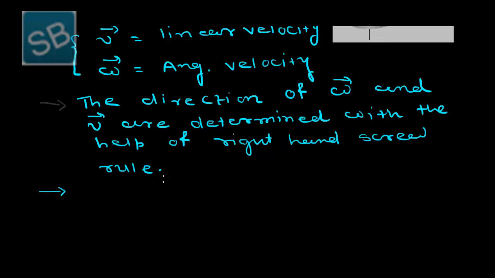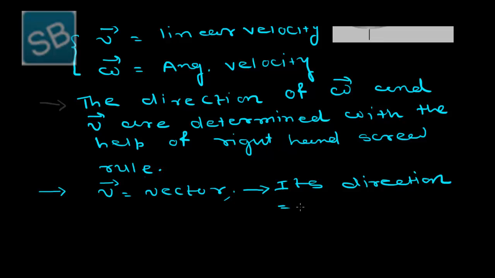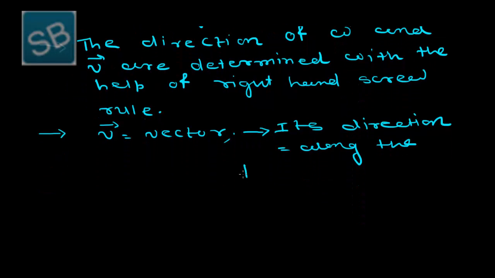Now if you consider that the linear velocity is a vector quantity, and in circular motion the direction of this linear velocity is according to the right hand screw rule, but actually its direction is along the tangent drawn at the point.